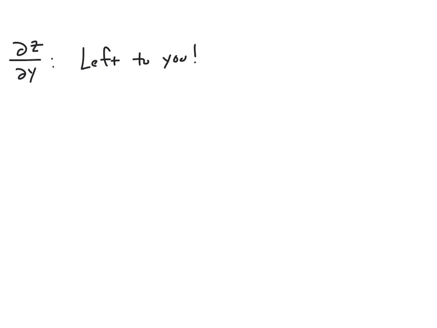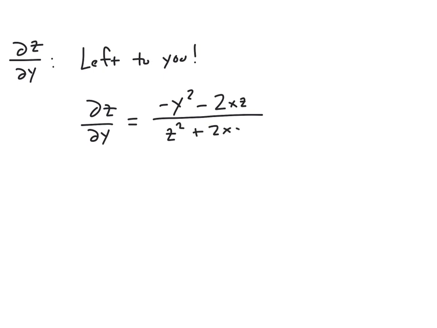And then solve for del z del y in that equation. I'll go ahead and give you the answer so you can check yourself. You should get negative y squared minus 2xz all over z squared plus 2xy. All right, so this is del z del y.